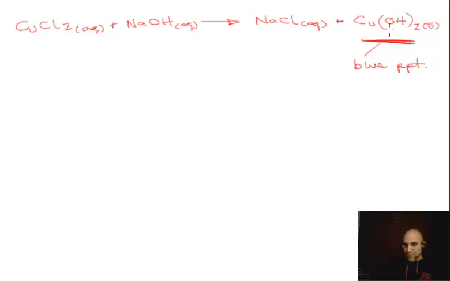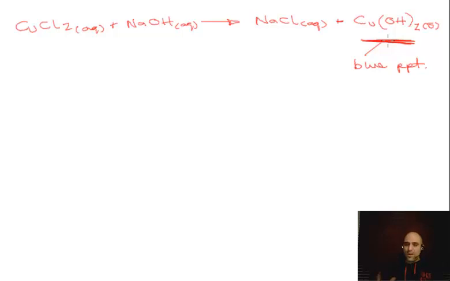Now the thing you must note is that all metal hydroxides except group 1 hydroxides are insoluble. In fact, group 2 hydroxides are sparingly soluble. Right? They're not very soluble. Calcium hydroxide is just marginally soluble.